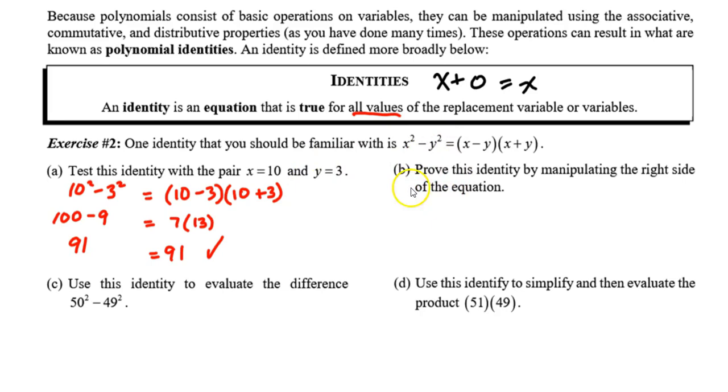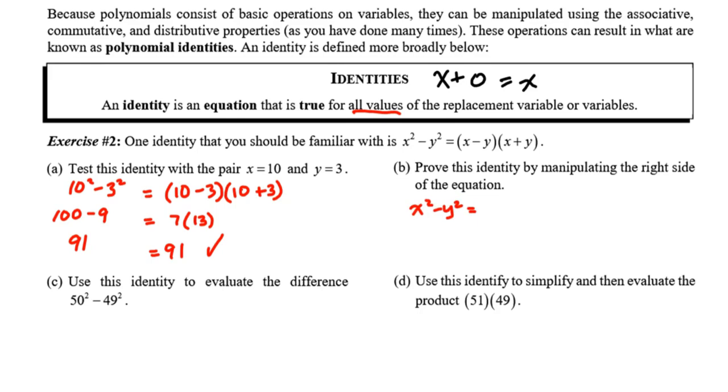So what we're going to do is leave the left side alone. We'll write out the left side, and we'll just do some algebraic work to the right side until it looks like the left side. Okay, so we'll distribute it out. Feel free to use the box. Notice I'm going to leave the left side alone.